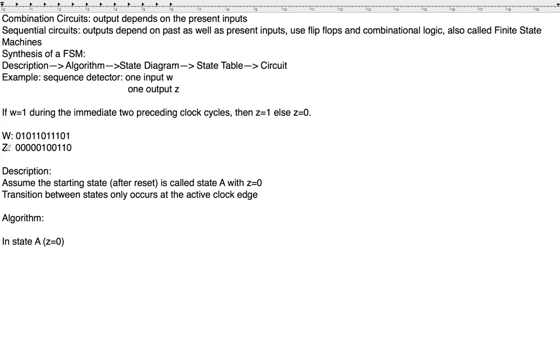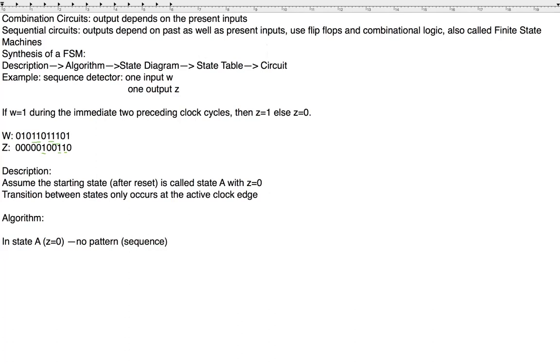Okay, so see how Z is 1 when the preceding 2 are 1, Z is 1 when the preceding 2 are 1, and then Z is 1 here when the preceding 2 are 1. So it depends on the previous 2 in order for Z. And so what we have here is in state A, Z is 0. That means we have no pattern, or sequence, right now.